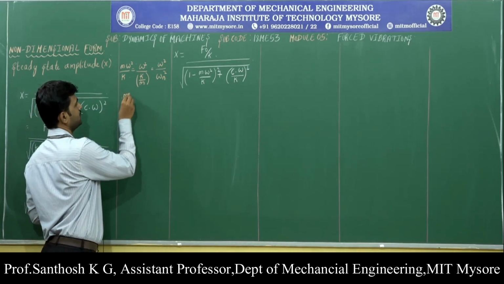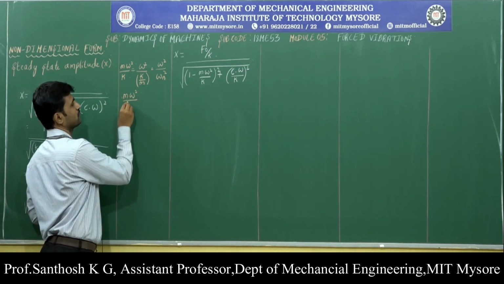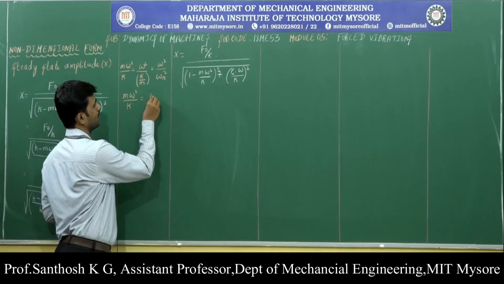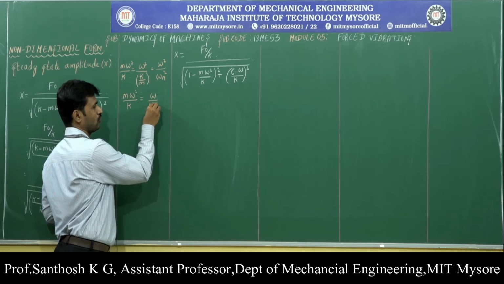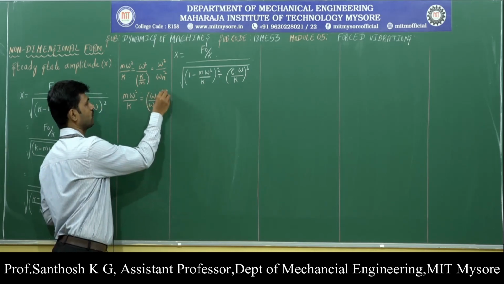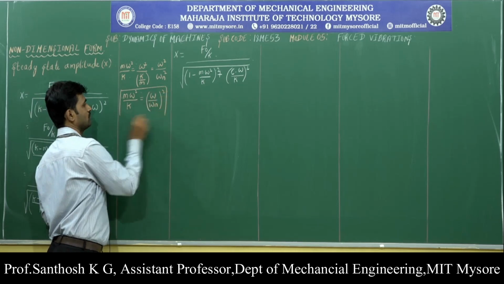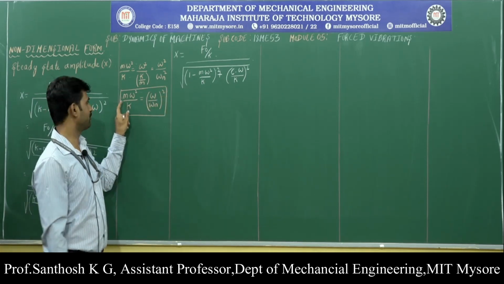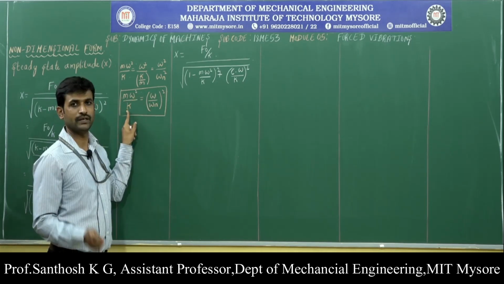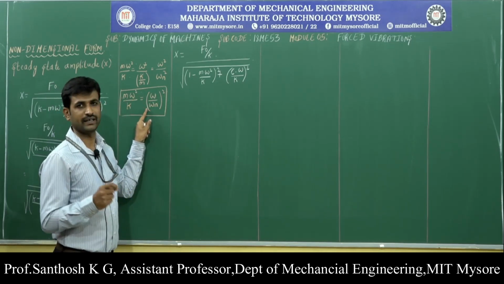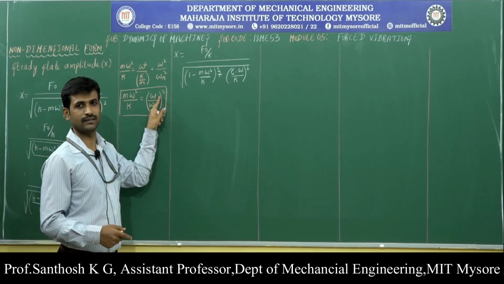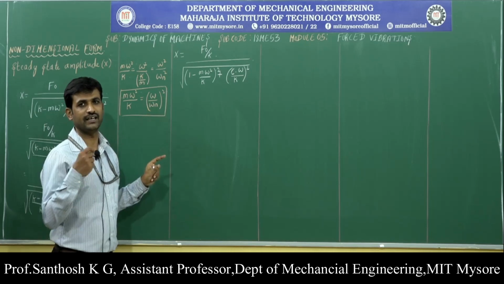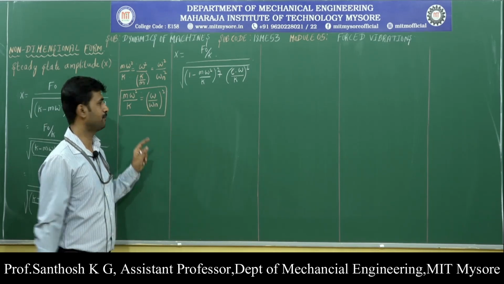Therefore, in place of m omega square divided by k, I can write (omega divided by omega n) whole square. Wherever I have the term m omega square divided by k, I can replace it by omega divided by omega n squared, which is a non-dimensional number.